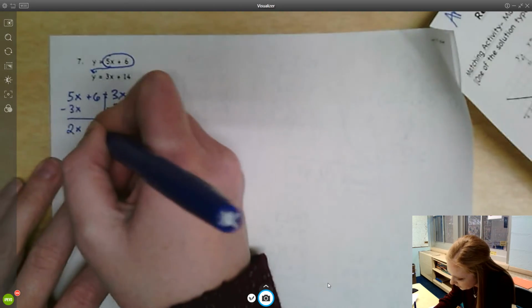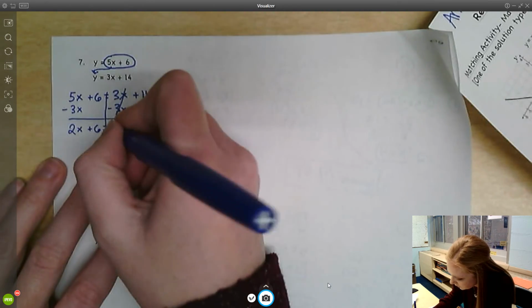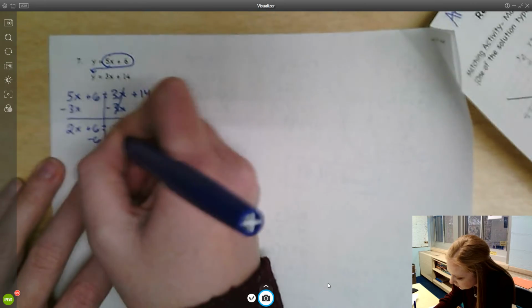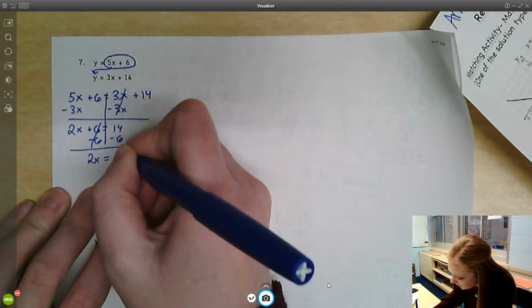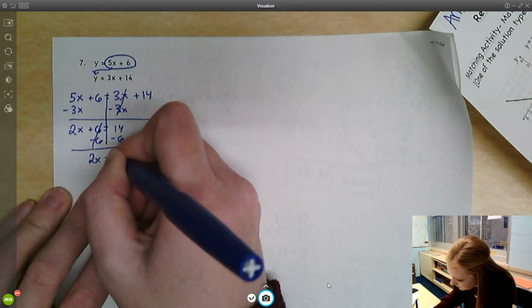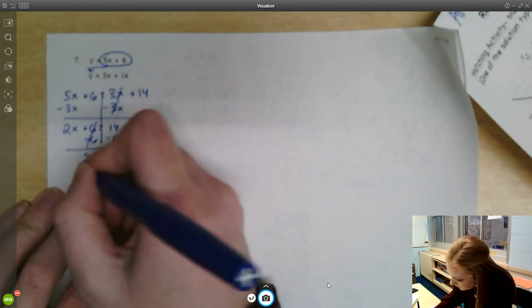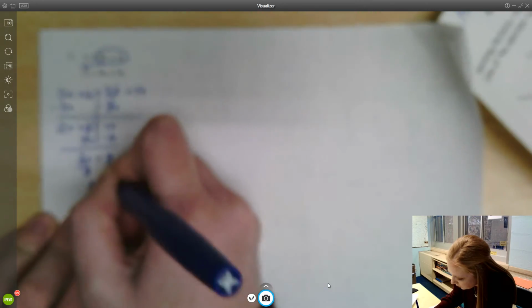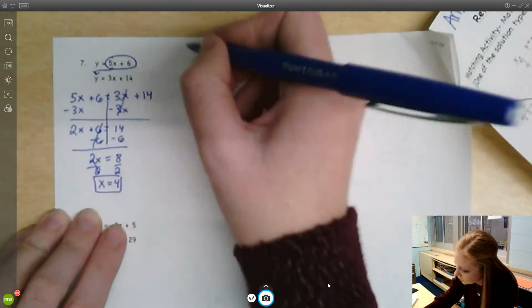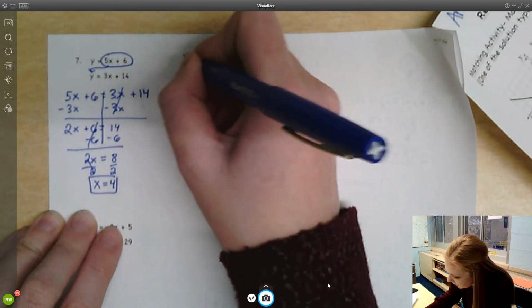So then we'll get 2x plus 6 equals 14. And then we just solve our two-step equation by minusing 6 on both sides and then dividing by 2 on both sides, and we determine that x is 4. Go back to one of the originals and find y.